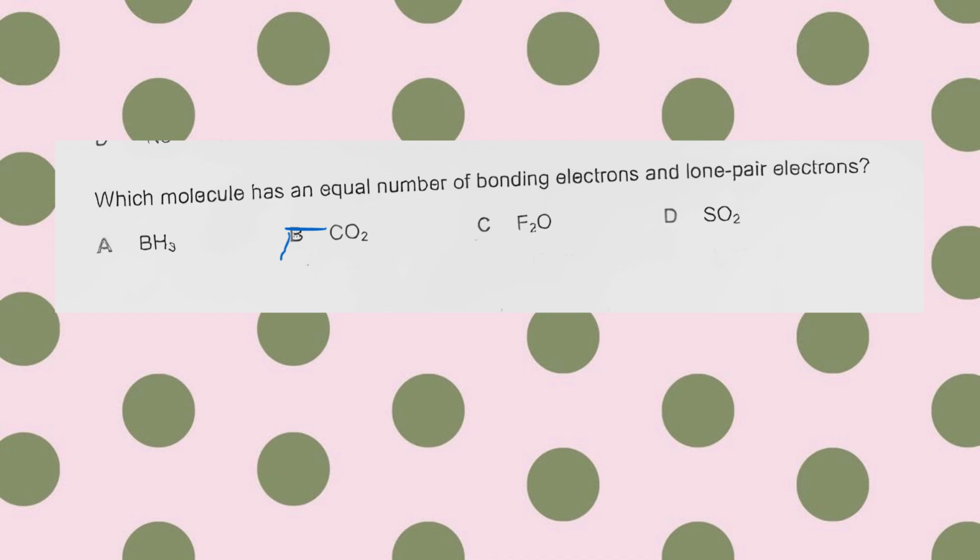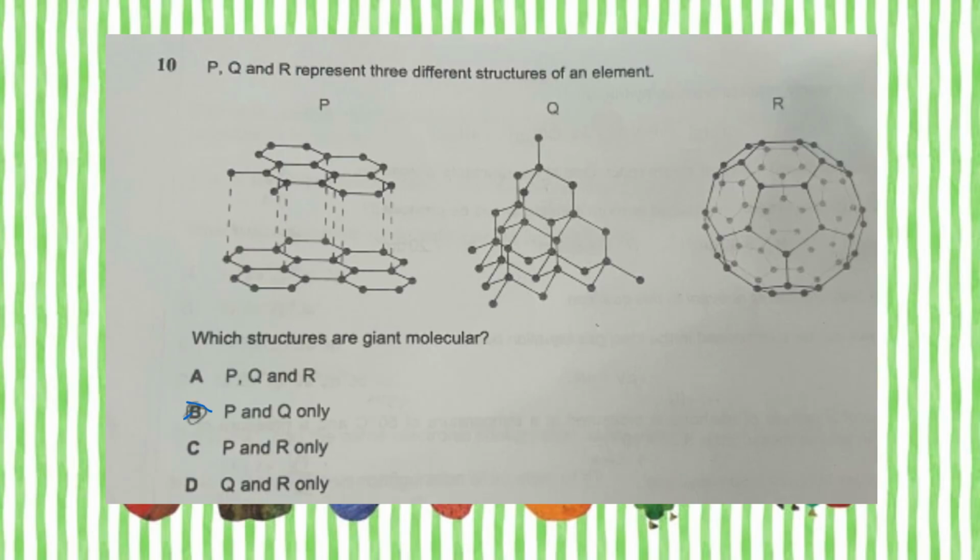So there will be 4 bonding pairs between them because we have 2 oxygens, and then there are also 2 lone pairs. Oxygen has 2 lone pairs for each of them, so it will be 4 lone pairs for both of them. So that's why the answer is B.